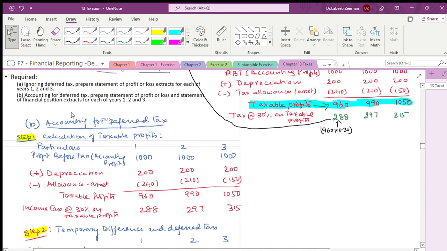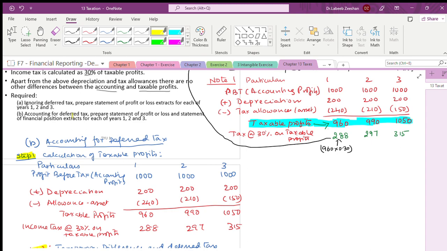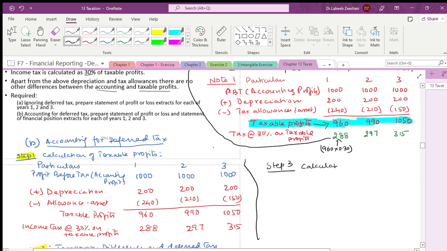Now see, I am putting one line here. This is step 3: calculation of income tax expense.